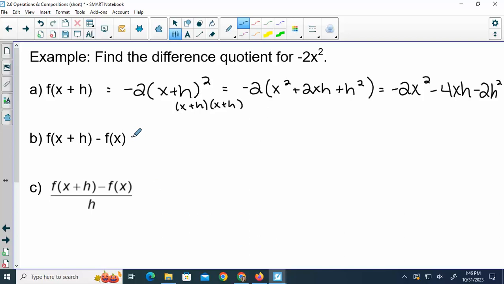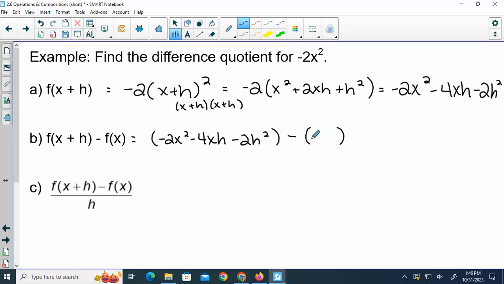Part B. F of x plus h minus f of x. What is f of x plus h? What we just found. So we carry down that answer. Minus, what is f of x?